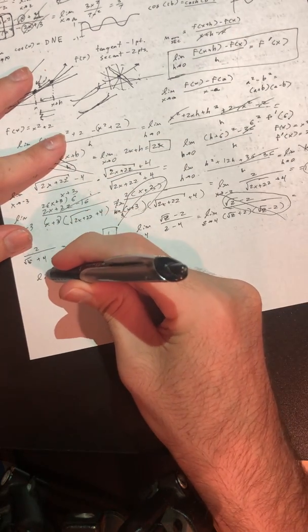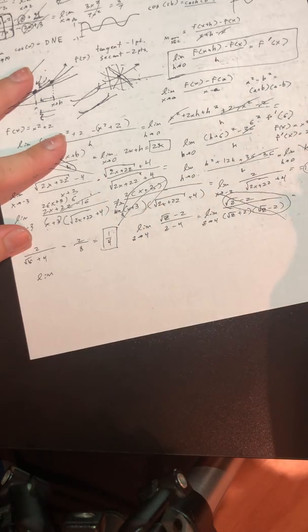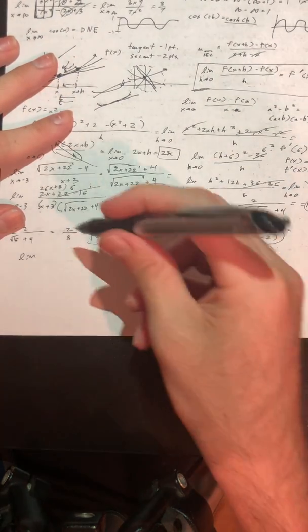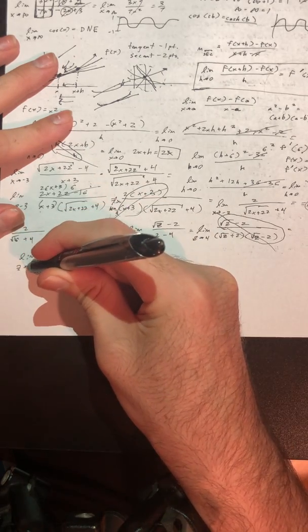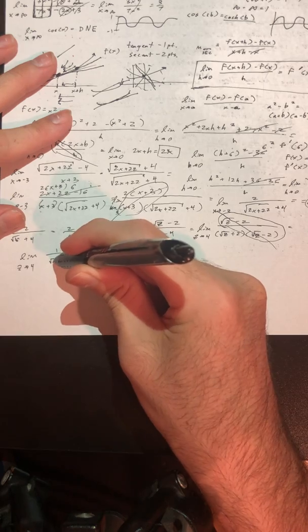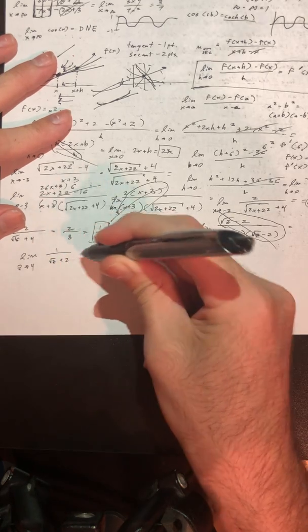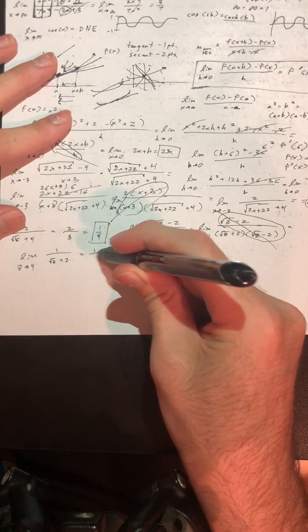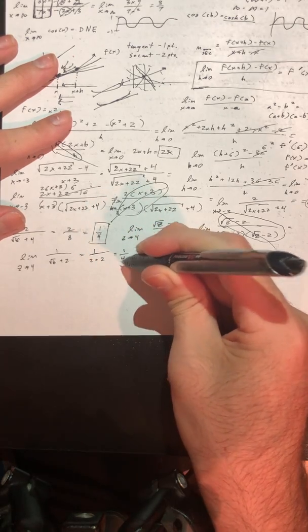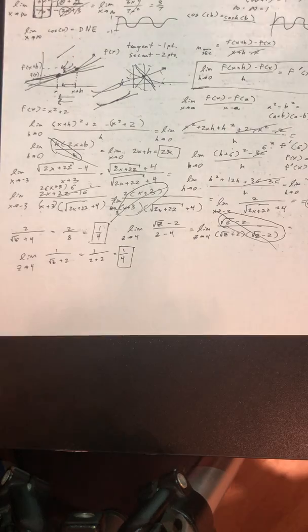We get the limit as z approaches 4 of 1 over the square root of z plus 2, which is equal to 1 over 2 plus 2, which is a fourth. Look at that, the same answer. That's pretty crazy.